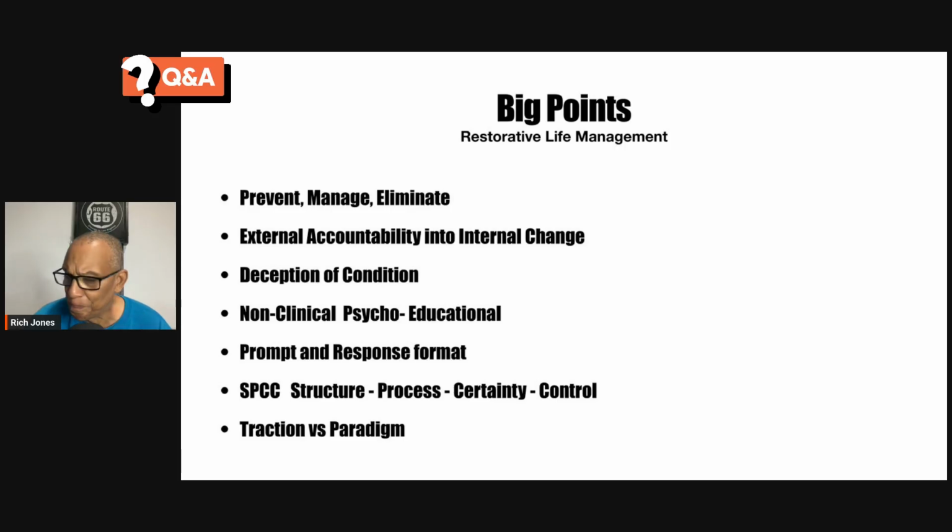Deception of condition. A lot of times this course will deal with deception of condition when we actually get into it and we talk about it. Deception of condition basically means that regardless of what condition you're working with, it does not necessarily have to bleed into every other aspect of your life. We think at Second Starts that's a misnomer.